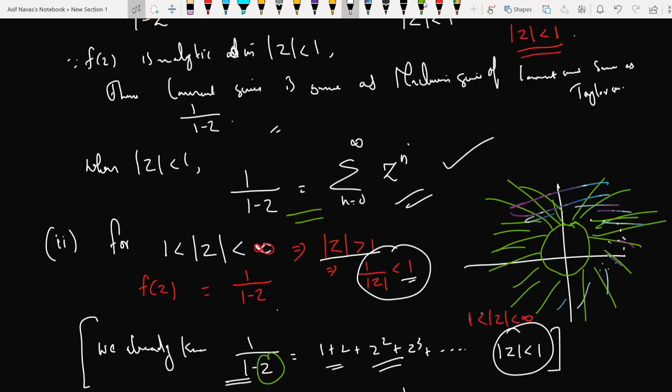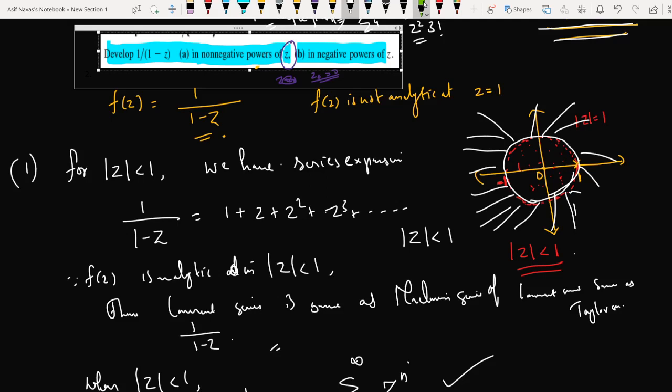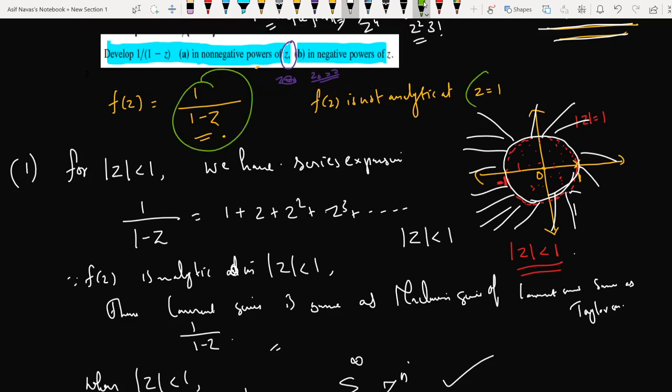So this is something difficult. You have to do more and more problems. For this problem, first we find the point at which f of z is not analytic, and then we find a circle. Here there is a series representation that we already know, Maclaurin series or Taylor series.